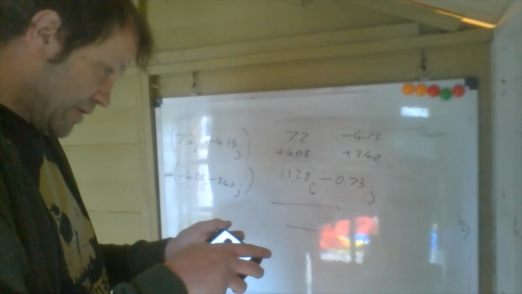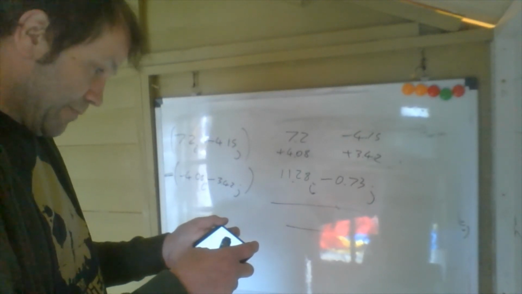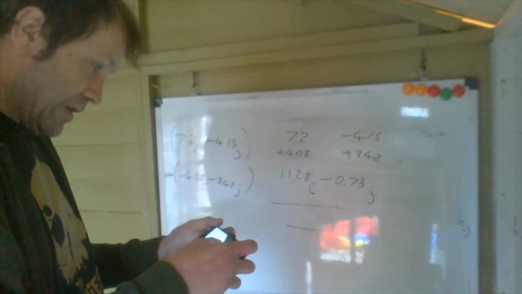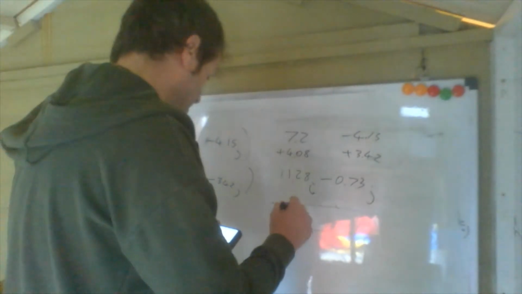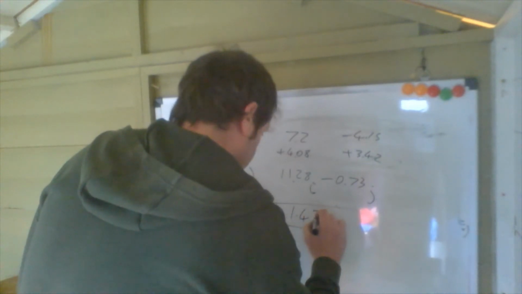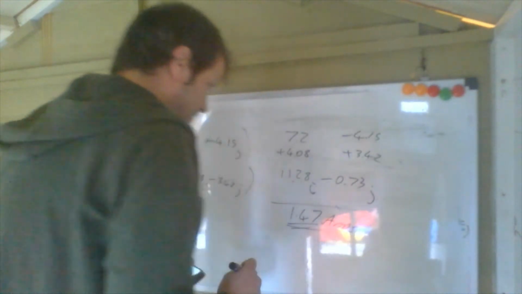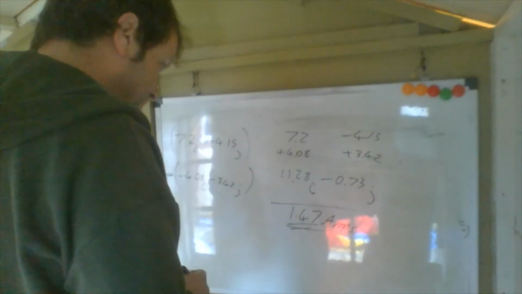So what we're looking at then, the square root of 11.28 squared plus 0.73 squared, and that'll give you, for this one, 1.47 amps. That was line 1, yeah, that was line 1.